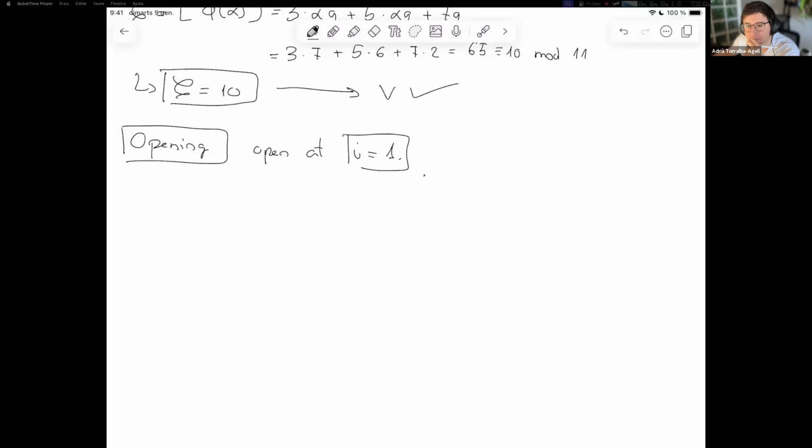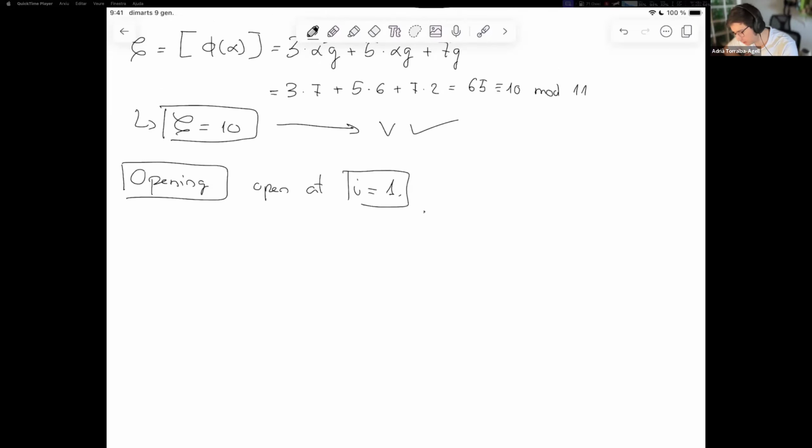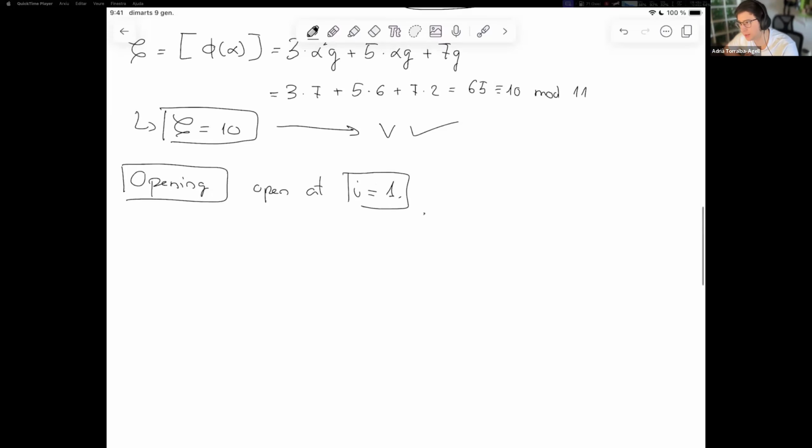The commitment is 10. Now the verifier asks you, the prover, to open the polynomial at I equal 1.